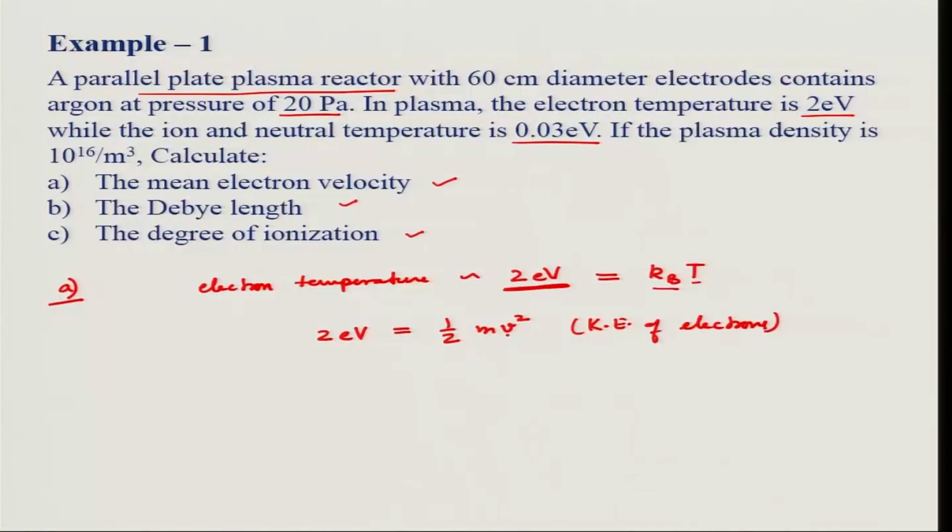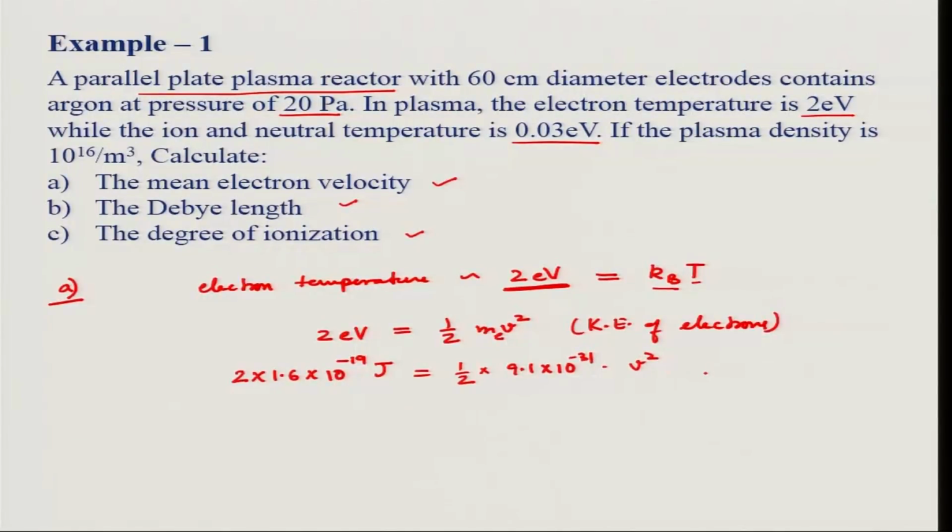We can write this in terms of joules, and half times the mass of the electron, which is 9.1 times 10 to the power minus 31 kg, times v square.